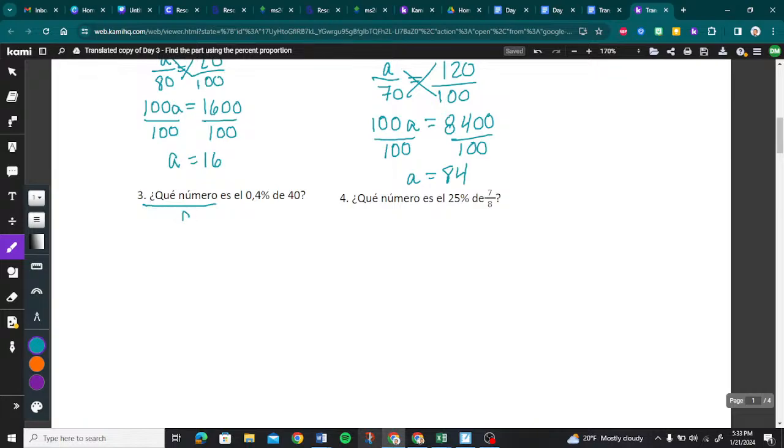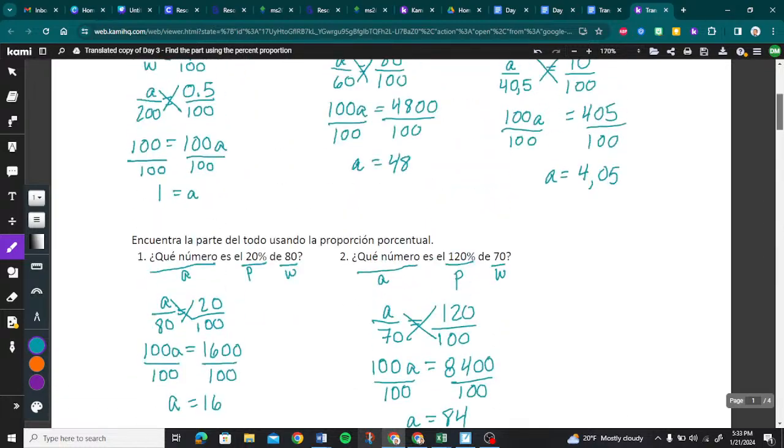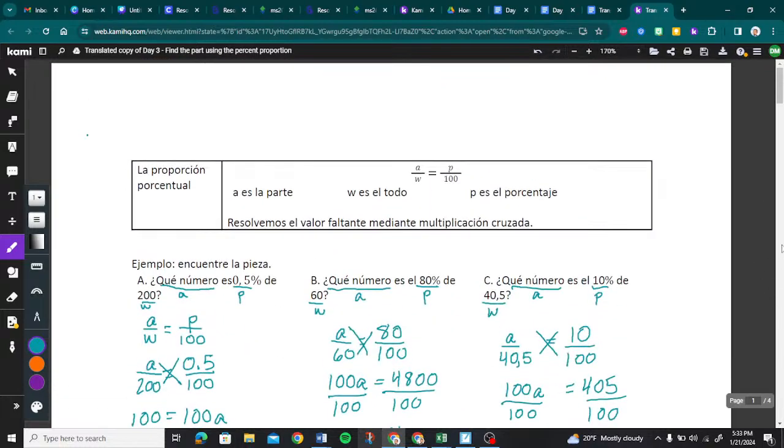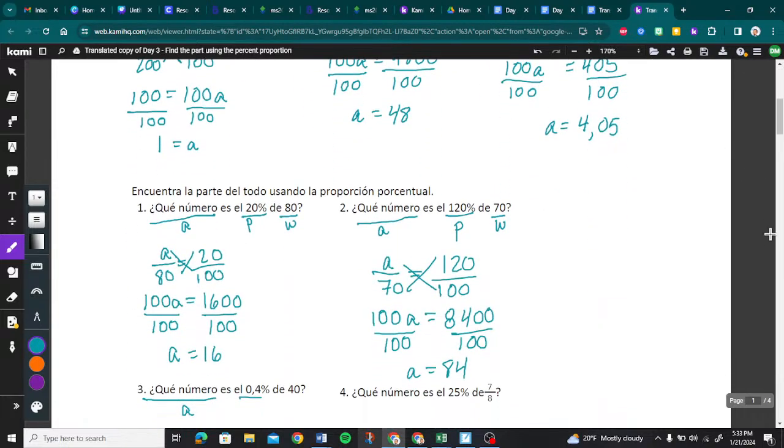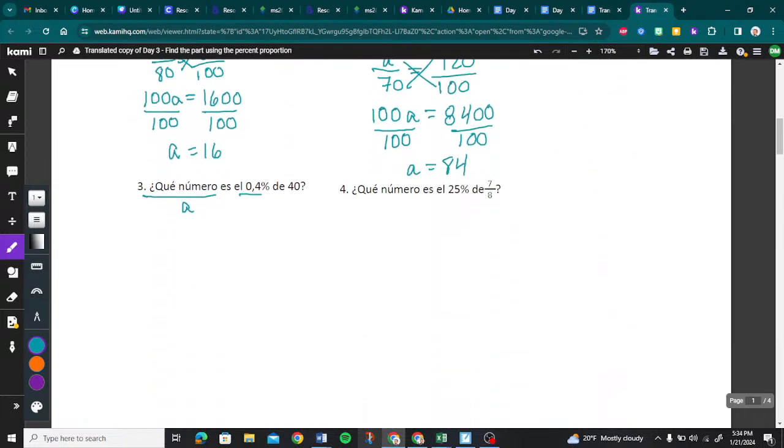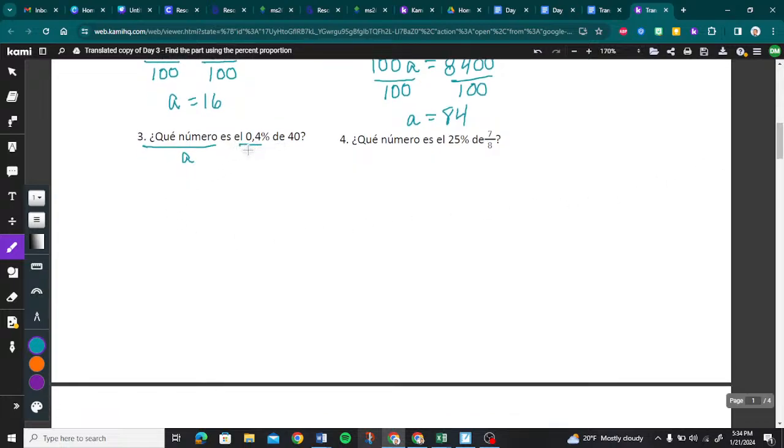¿Qué número es el part? 4/10 es el percentage. I spoke French, so I'm probably putting too much of a French accent on things. So percentage, and then el todo is 40. So we go A over 40 equals 4/10 over 100.